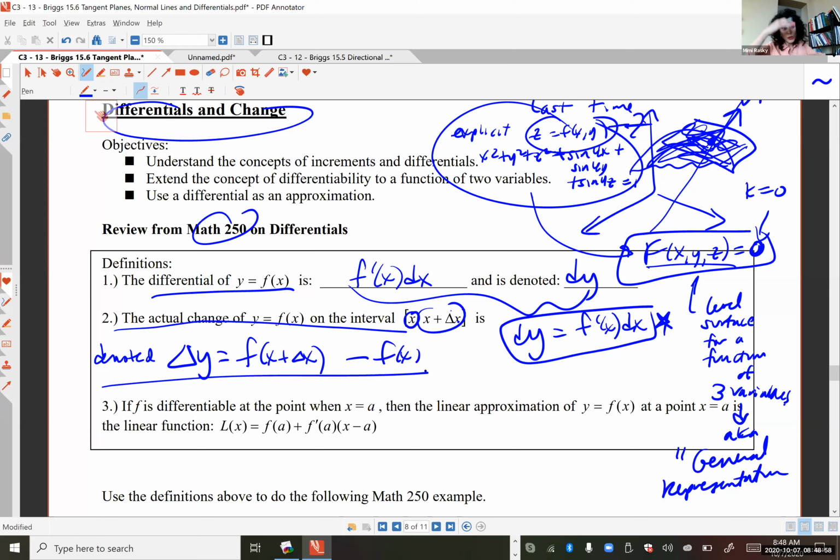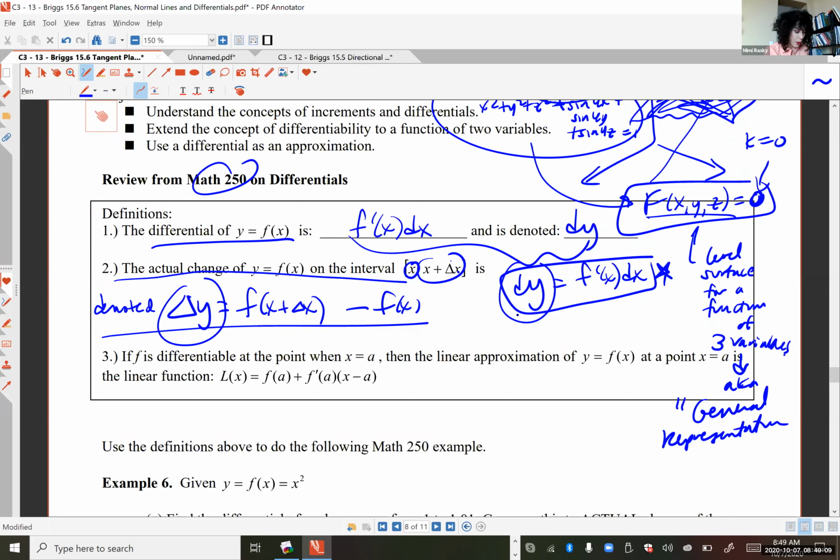And that gives you the actual change in y. But if you compare delta y to dy, usually they're pretty spot on as long as your x differential is small. So the other thing is, before I give you number 3, I don't want to go over that yet.